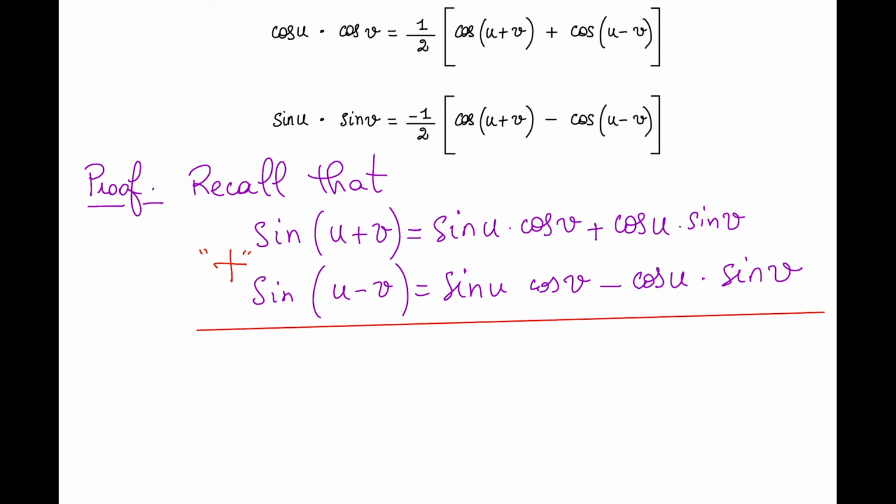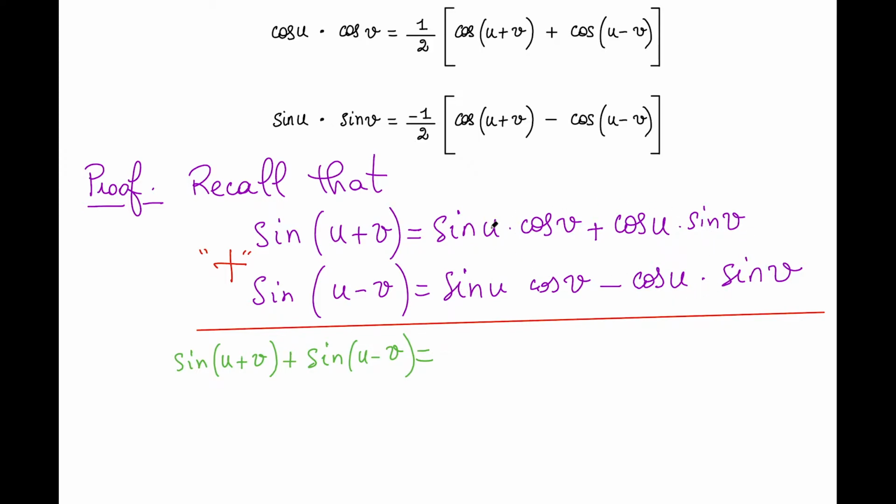What do I get? What's this side? This is sine of u plus v plus sine of u minus v. Correct? If you add these two sides, you get this. Now, how about we add these two sides?